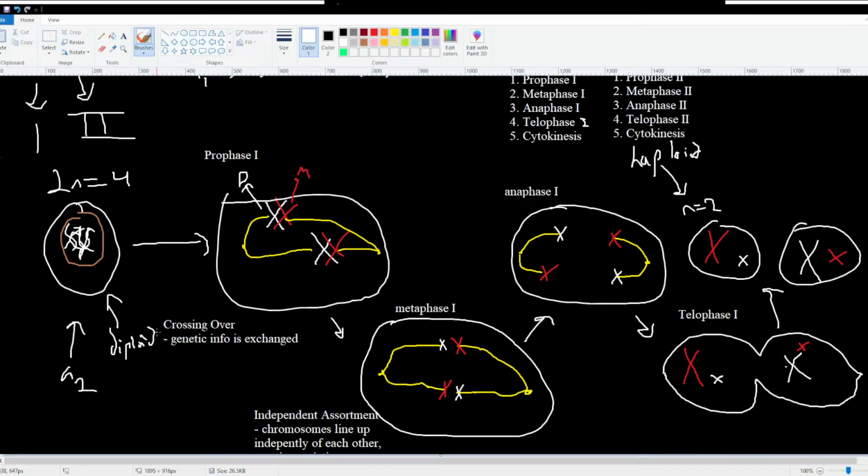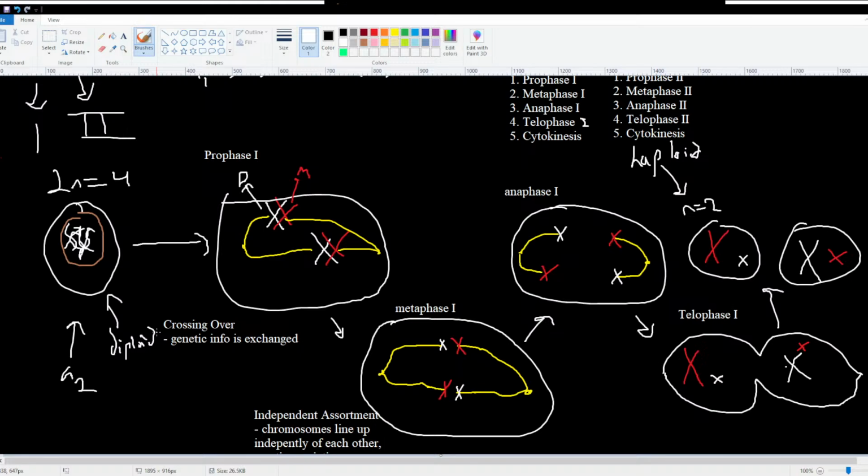So what does that mean? Diploid just essentially means that something has homologous chromosomes, right? It has homologous pairs because you get one from your dad and one from your mom. But haploid, then those homologous chromosomes are actually separated.